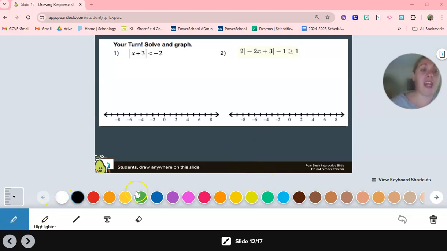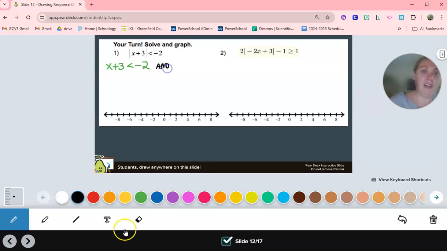So this first one already has the absolute value completely isolated by itself, so we can just make our two inequalities. So we have x plus 3. The first one is exactly how we see it, is less than -2. Exactly how we see it, except there is no absolute value bars.